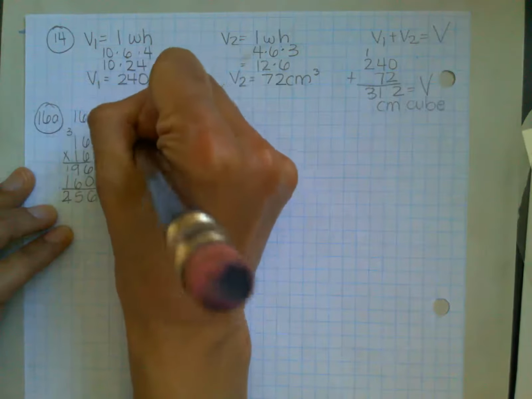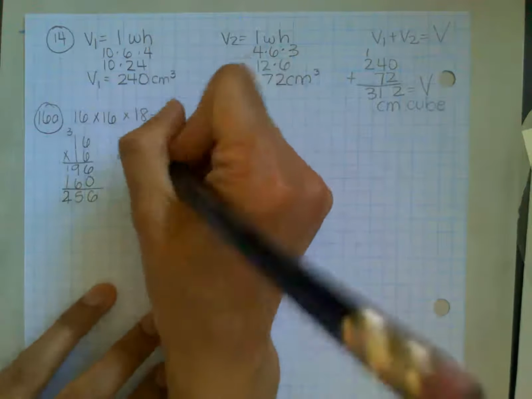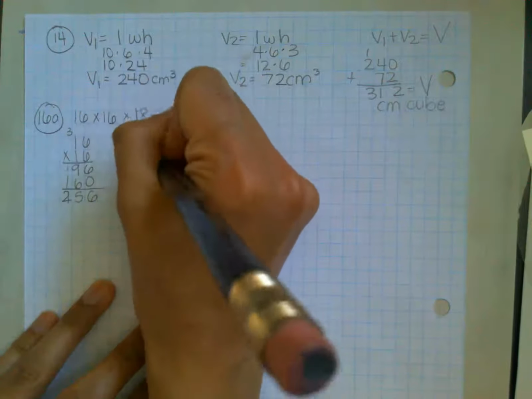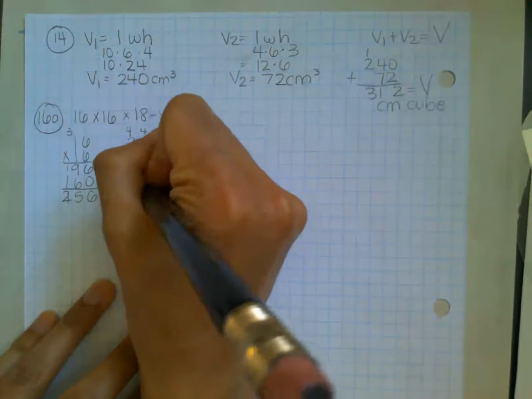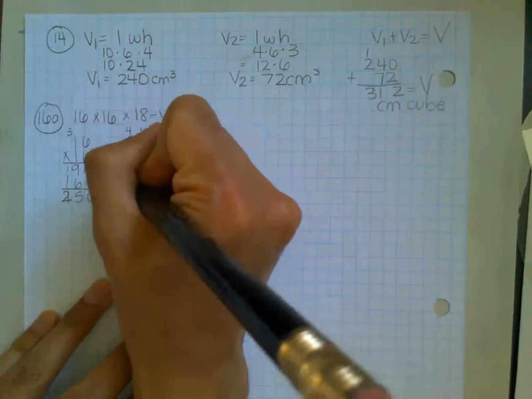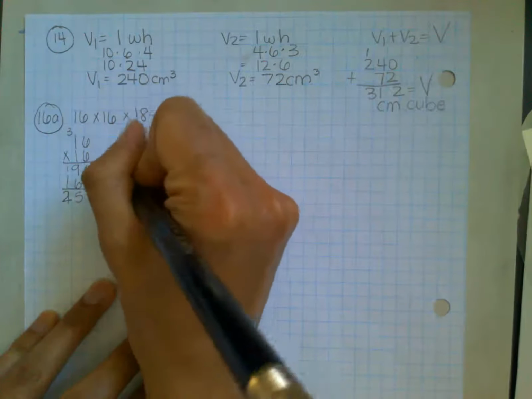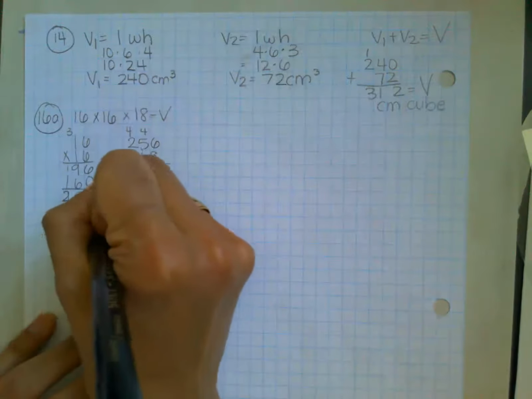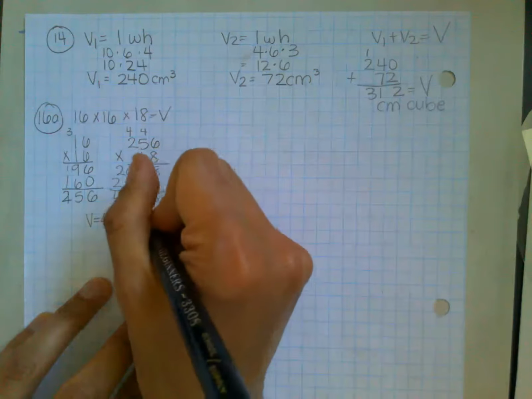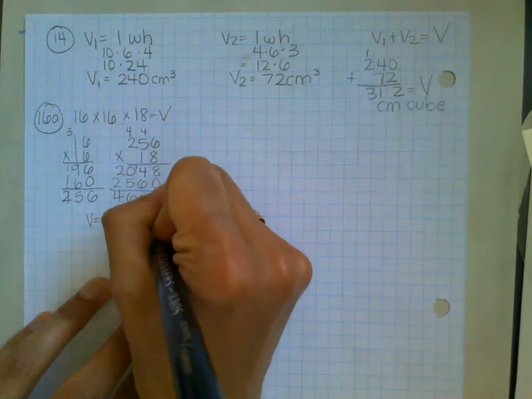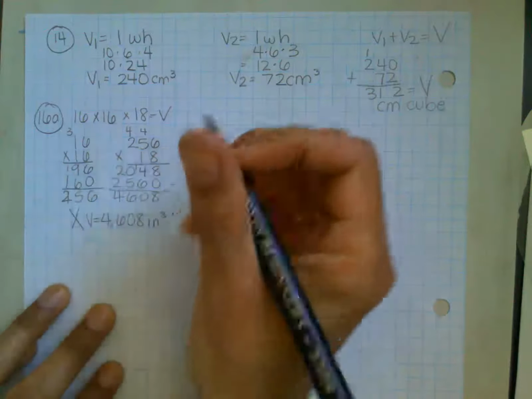Then 256 times 18 is 4,608 inches cubed. So A does not match the answer, so it's not A.